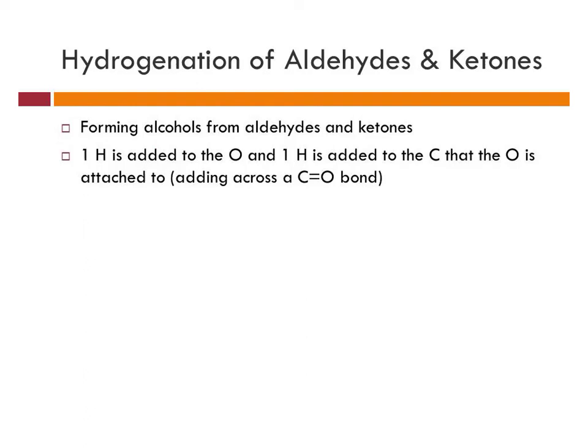So in a normal carbon-carbon double bond, we add 1 hydrogen to a carbon on each side. But in this case, we're adding 1 hydrogen to the oxygen of our double bond and 1 hydrogen to the carbon of our double bond. So we're breaking a double bond as we did before, but we're breaking the double bond of a carbonyl between a carbon and an oxygen.